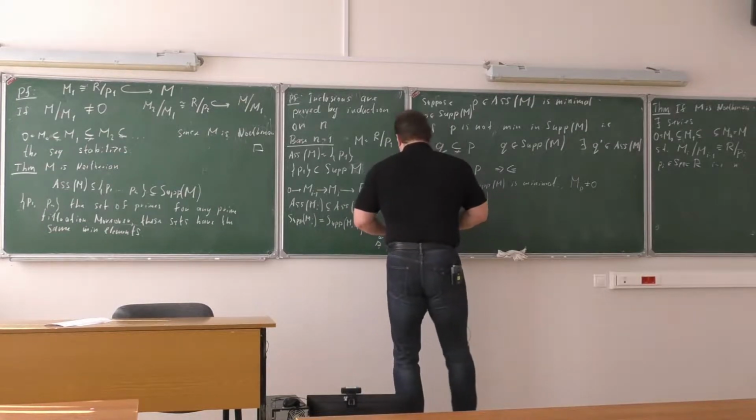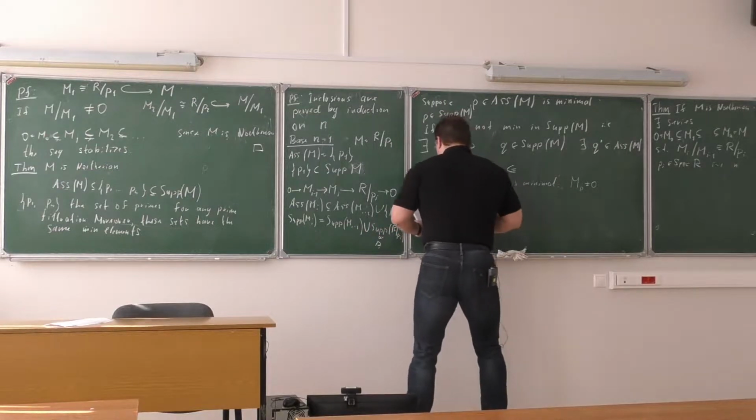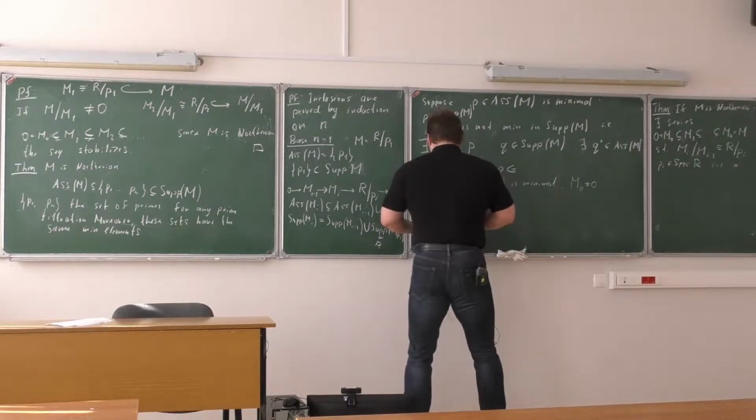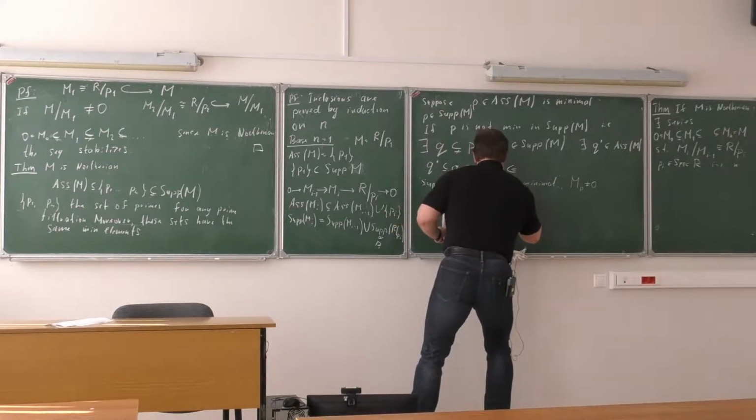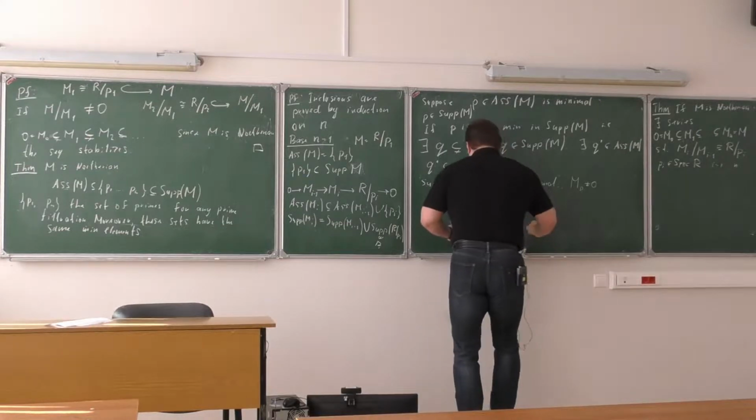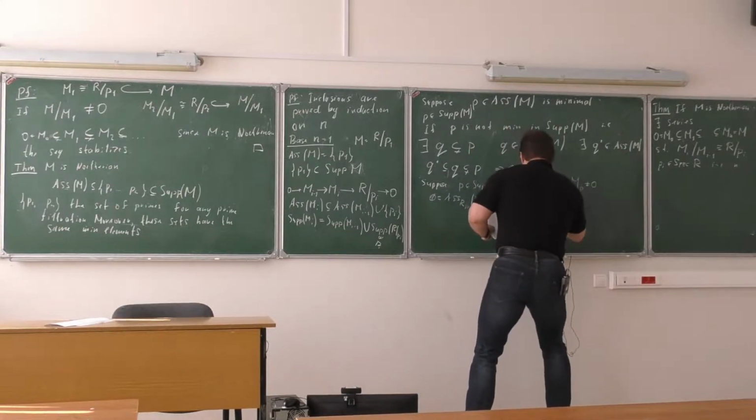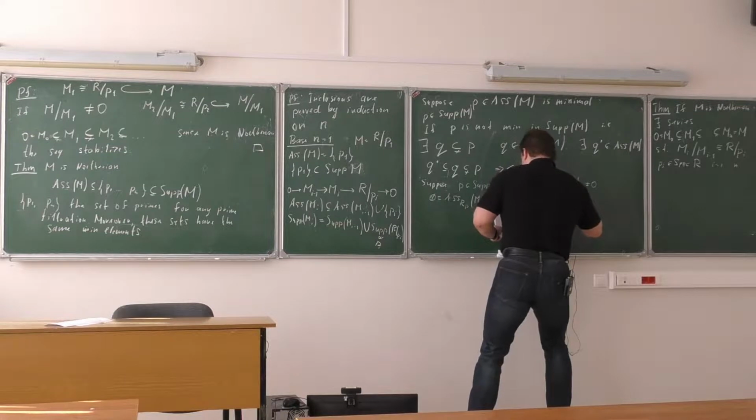is not empty, and then by the proposition about the localization, I know that the set is the same as the intersection of the set of the associated primes with the spec of R_P.